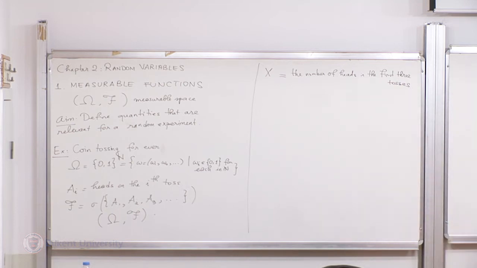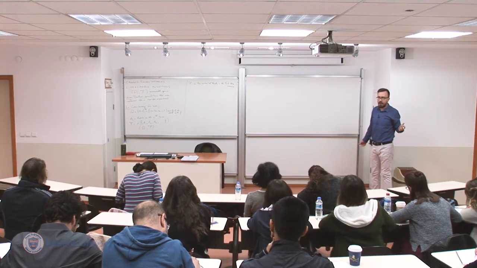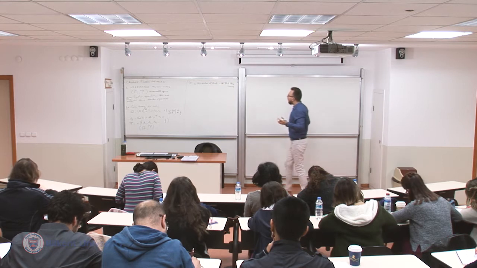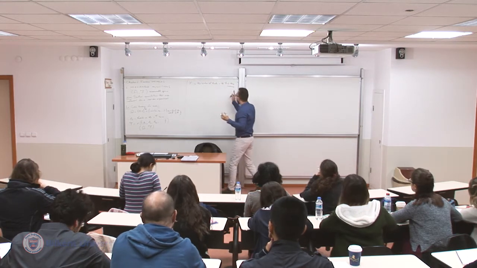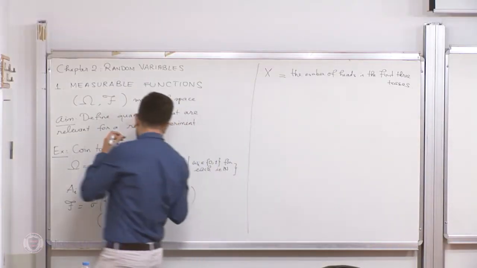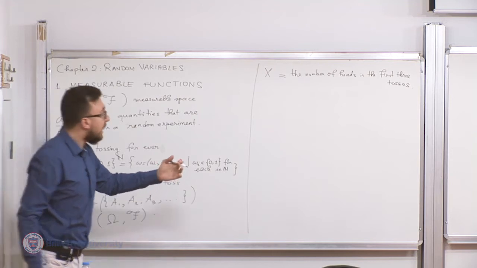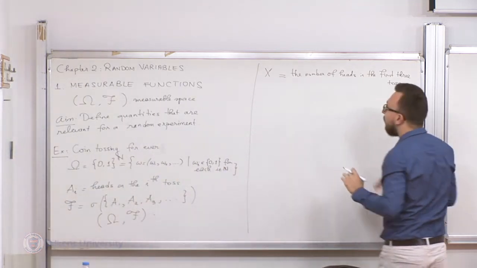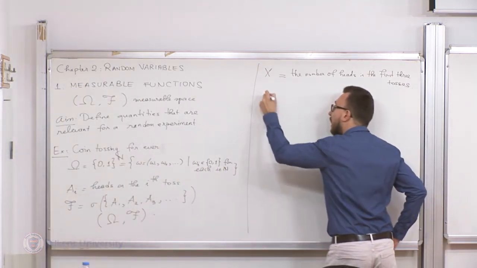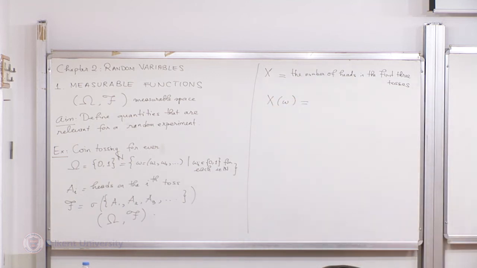So what is X? What is capital X? So this is a quantity that is random because the total number of heads in the first 3 tosses depends really on what particular outcome we observe as the result of the experiment. Therefore, the only way to define it concretely is to say what value it takes for every possible omega.